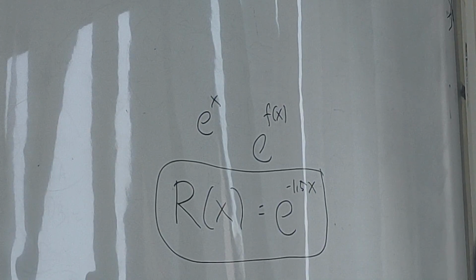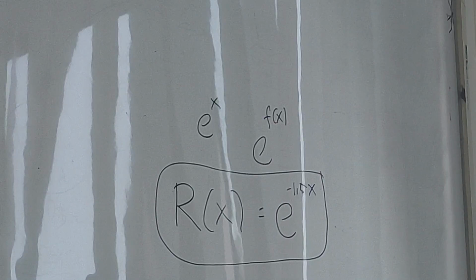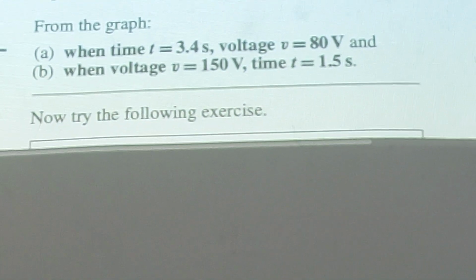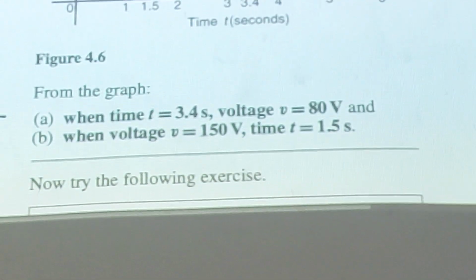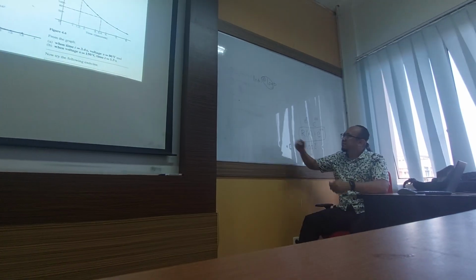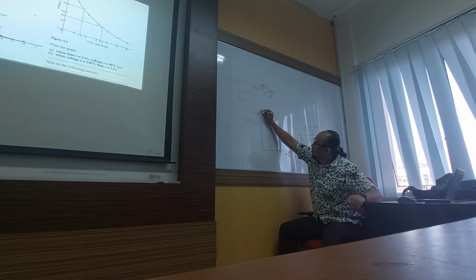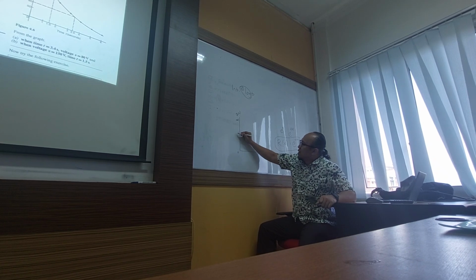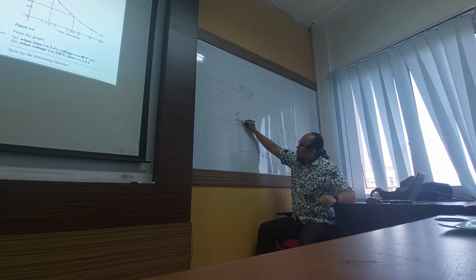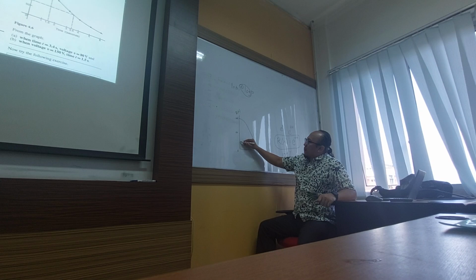For example, if you buy a new laptop, the reliability is 100% because you buy a new one. After that, you use it every day, and the reliability will decrease. This is time, and this is the reliability. This is 100, this is 0, this is 50%.